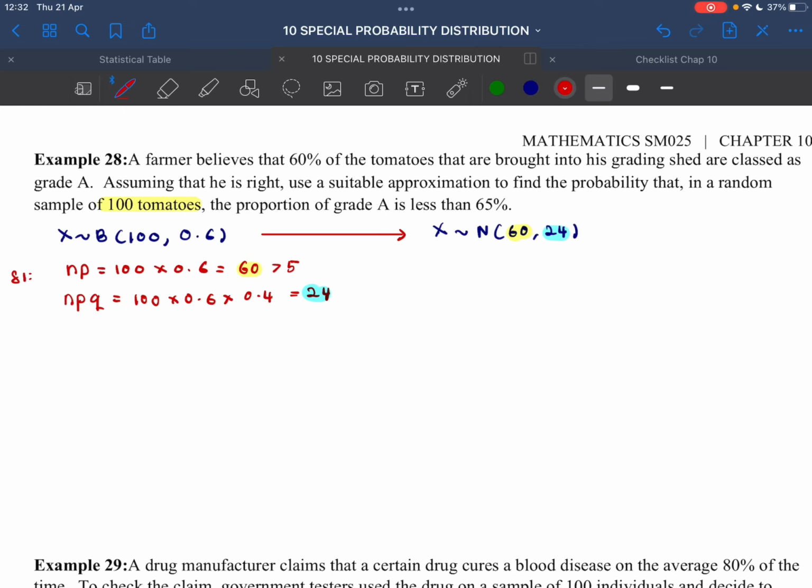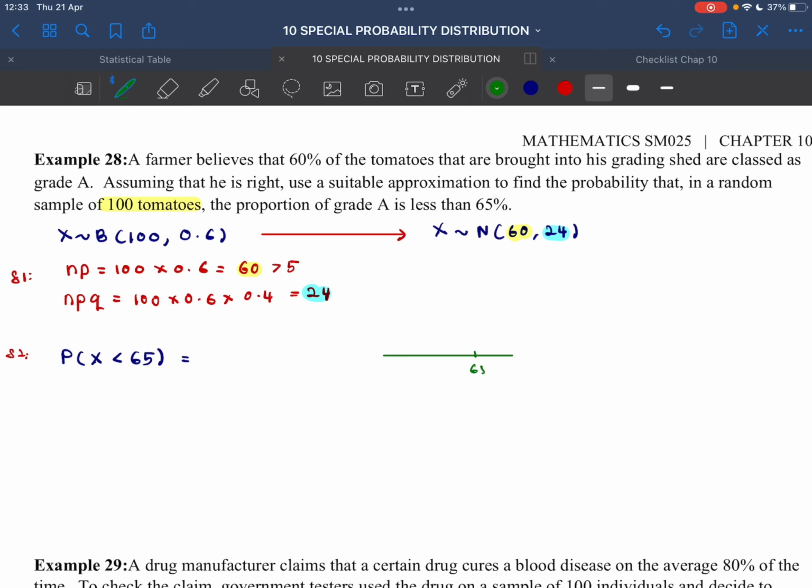Remember, when you change binomial to normal, always do continuity correction. So second step is we have to do continuity correction. So the question said, the proportion of grade A is less than 65%. Okay, so 65% tomatoes is equal to 65 tomatoes. Alright, so now we are going to do x less than 65. To do continuity correction, draw our number line, less than 65.